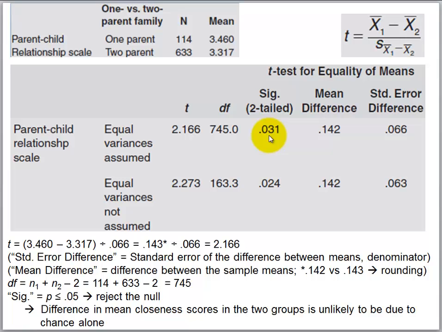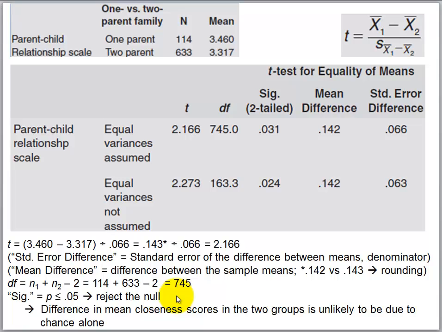So to speak, there is a 3% chance that this difference is due simply to the luck of the draw of samples. But indeed, our p-value 0.031 is less than the value of p that's connected with our selected significance level. It's less than 0.05, and so therefore we reject the null.